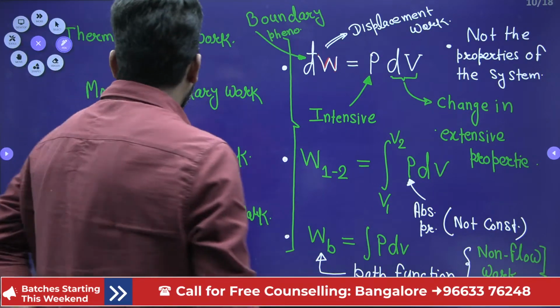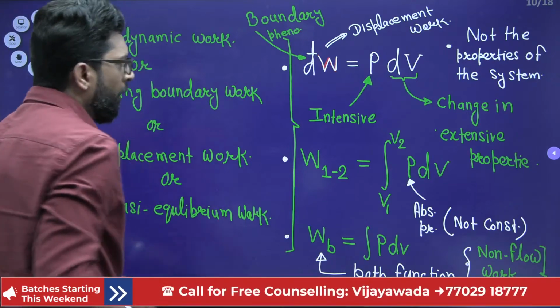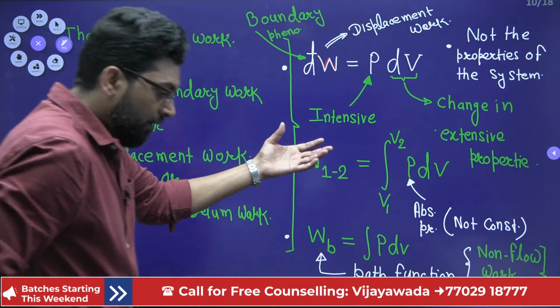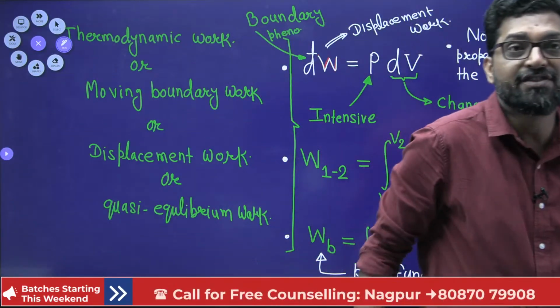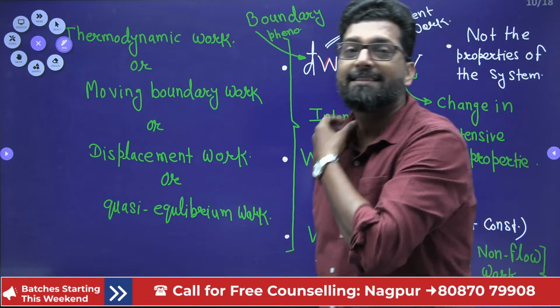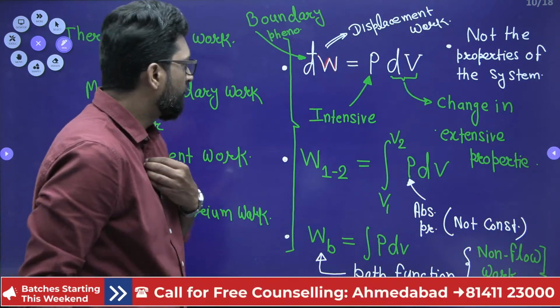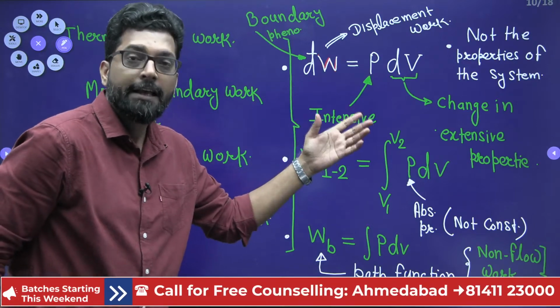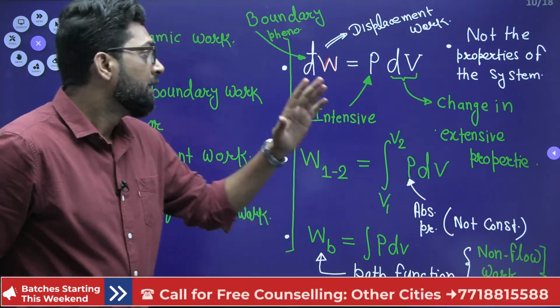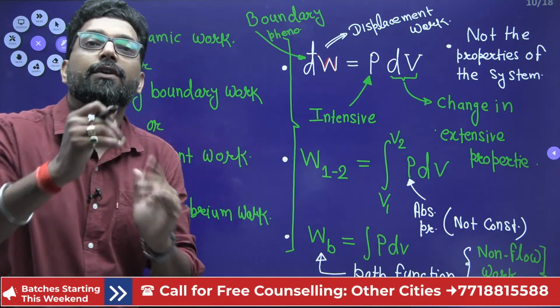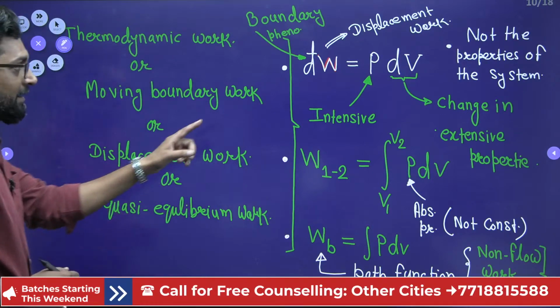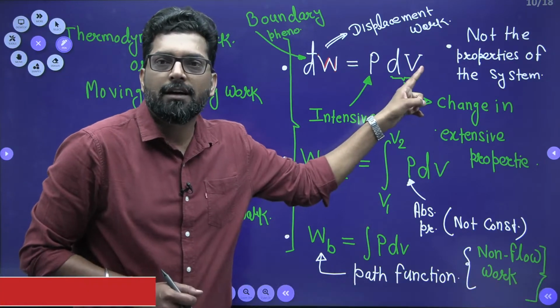Okay. Now this is the work which is in transient. That means this is your path function. It depends upon the path. If there is a different path, it has a different work, that means it gives the area under the curve.